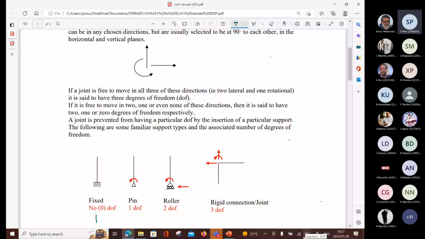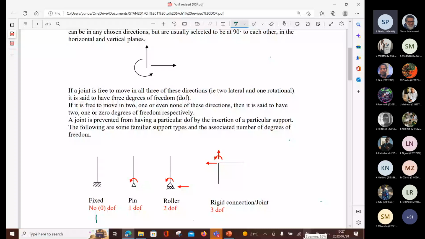So in terms of vertical movement, remember that's what we're looking at, how many ways it can move, okay? So two ways, it can rotate, and what can rotate? The element that is connected to the support. In other words, that column can rotate, or it can move horizontally because the reaction is a roller.